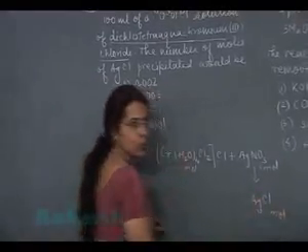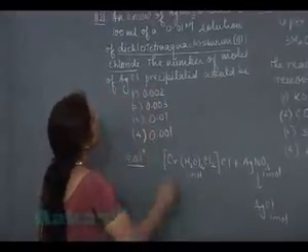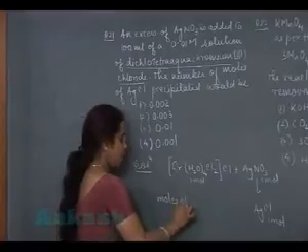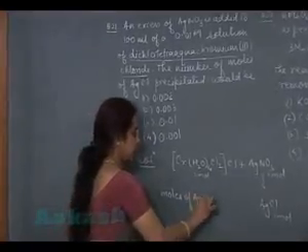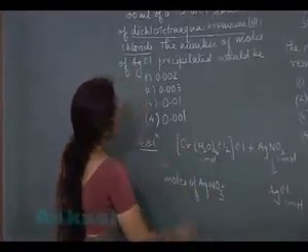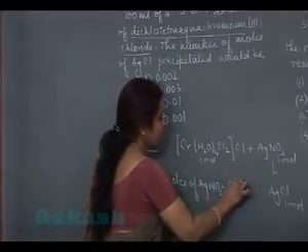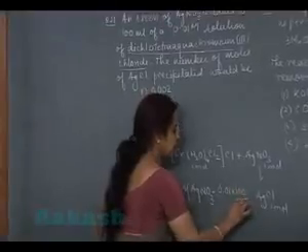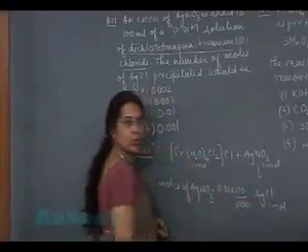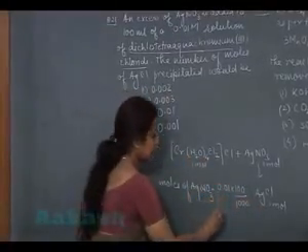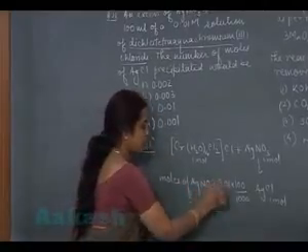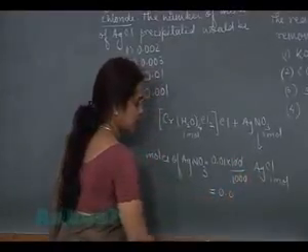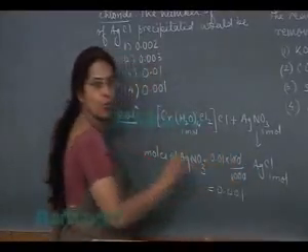Now in this question, the given quantity, it means moles of AgNO3 given is molarity 0.01, volume is given 100 milliliter, which is equal to 0.1 liter. So number of moles of AgNO3 added is 0.001.